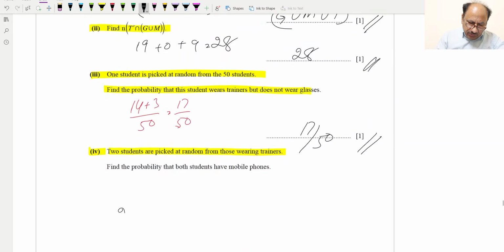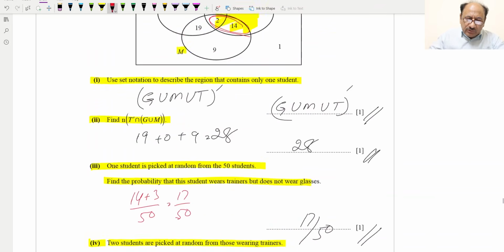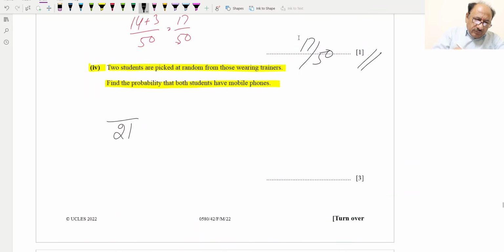So there are 21 in total, and find the probability that both students have a mobile phone. So mobile phone is this one. So 14 plus 2 will be 16. So it will be 16 out of 21 for the first one.